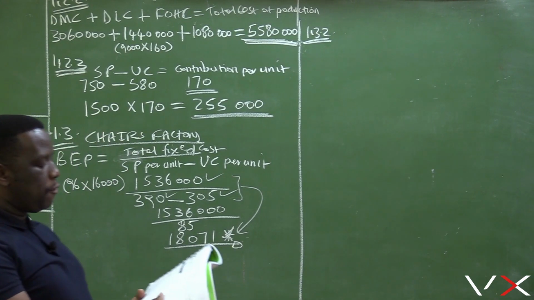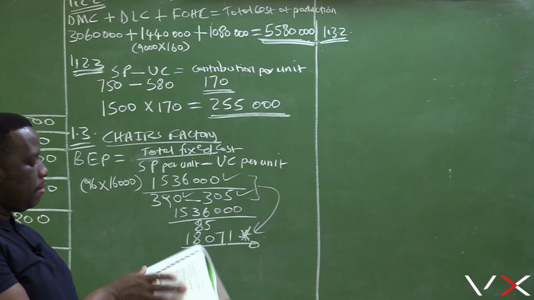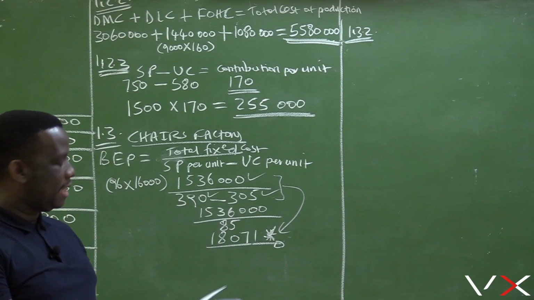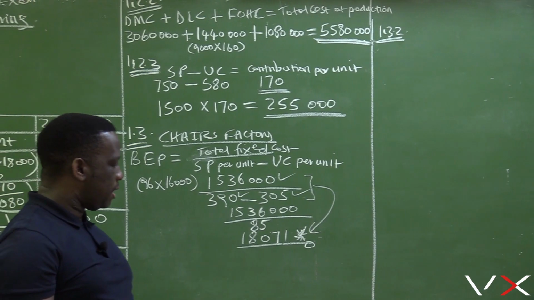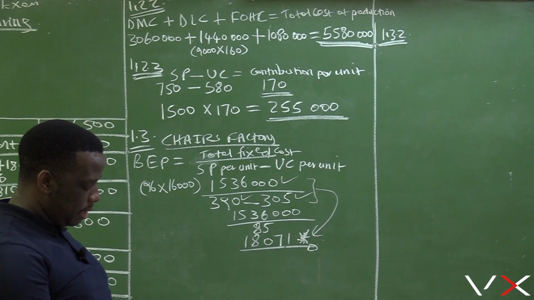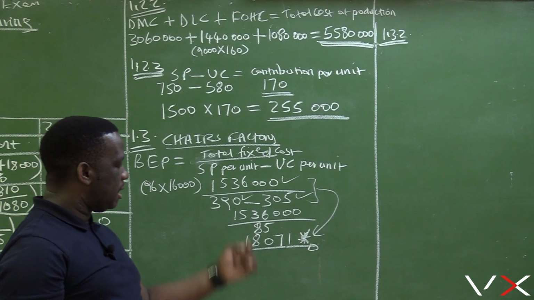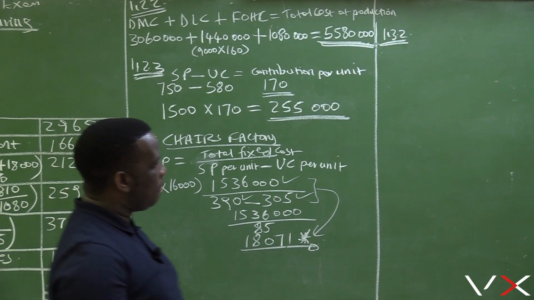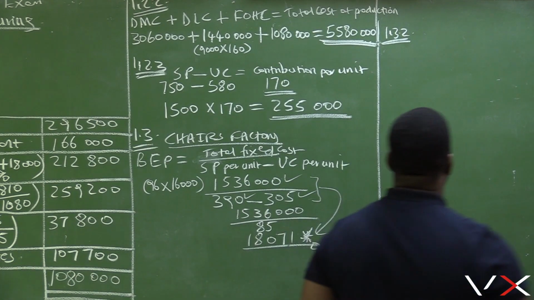So looking at the number of units produced here for the chairs, which is 16,000, 16,000 is less. The number of units produced is 16,000, and 16,000 is 2,071 less than the break-even point. So this business is running at a loss.